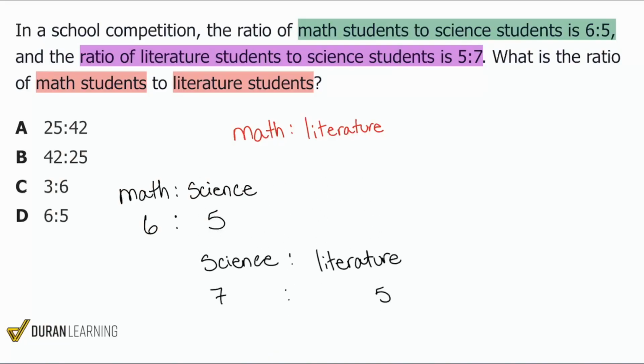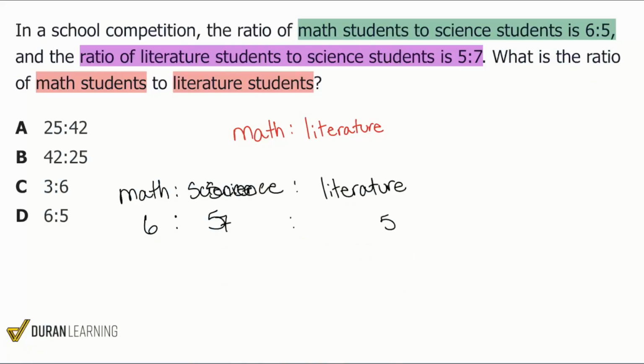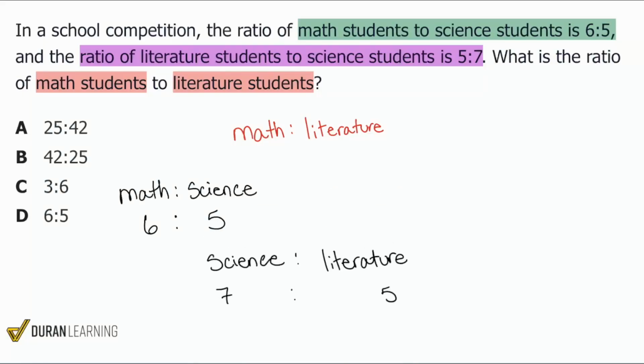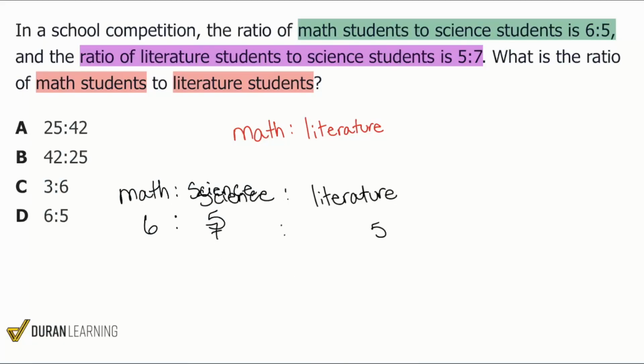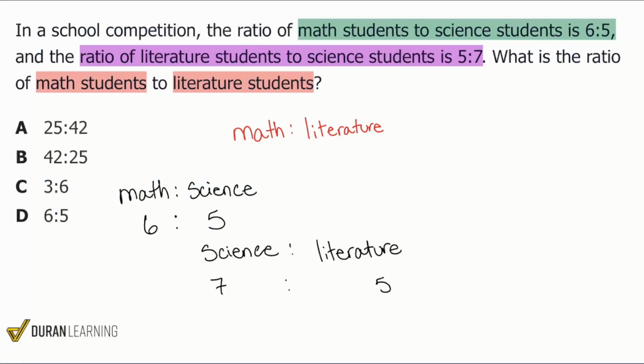They are not, everybody. So can I magically overlap these and then magically say, oh yeah, math to literature, 6 to 5? No, we can't, because we're not comparing the same things in the same way. So let me show you how to properly get this done.